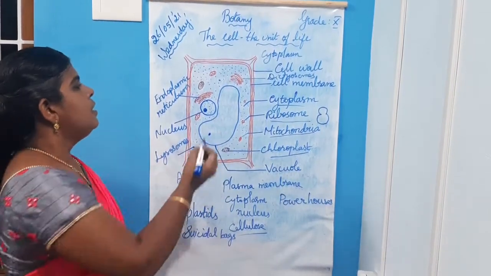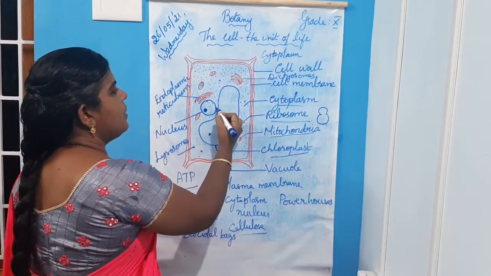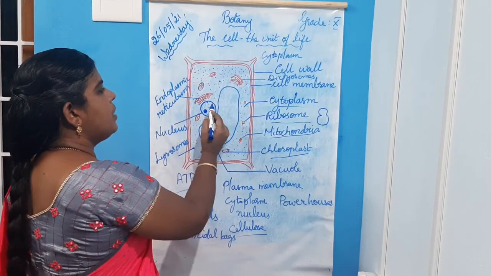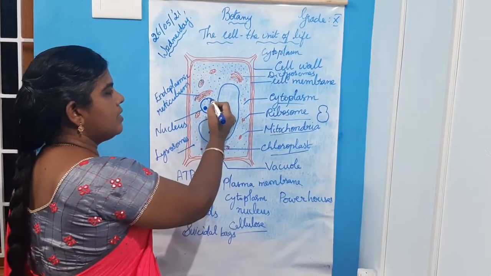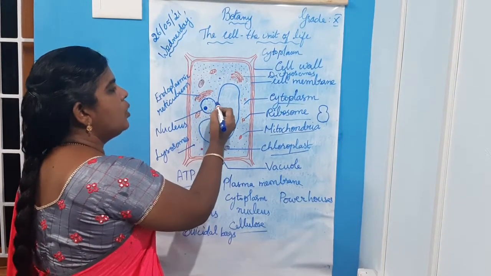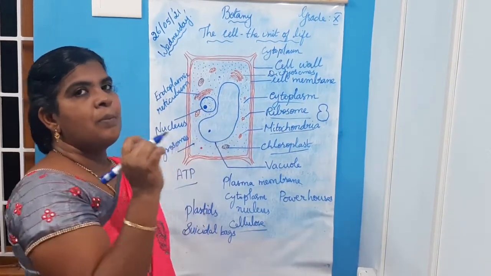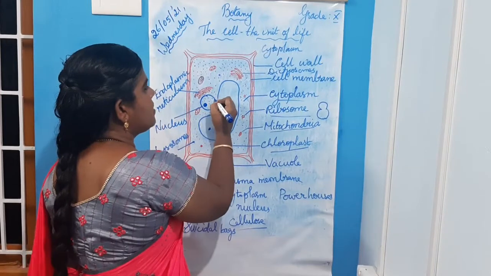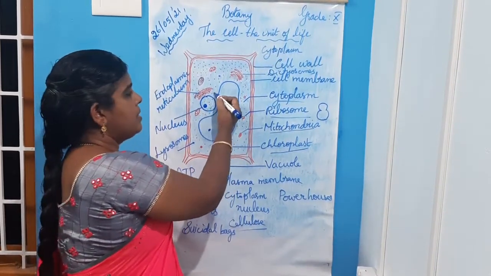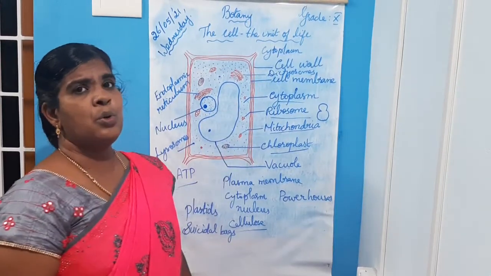Next, about the nucleus. It's a spherical organelle present in the center of the cell. It is surrounded by a nuclear membrane. This membrane has small pores. These pores allow substances from the cytoplasm into the nucleus.